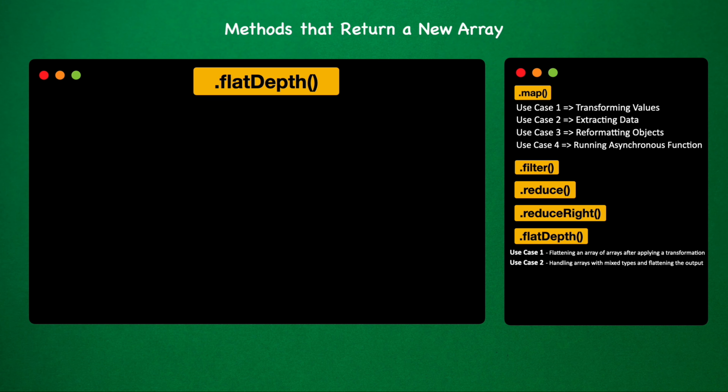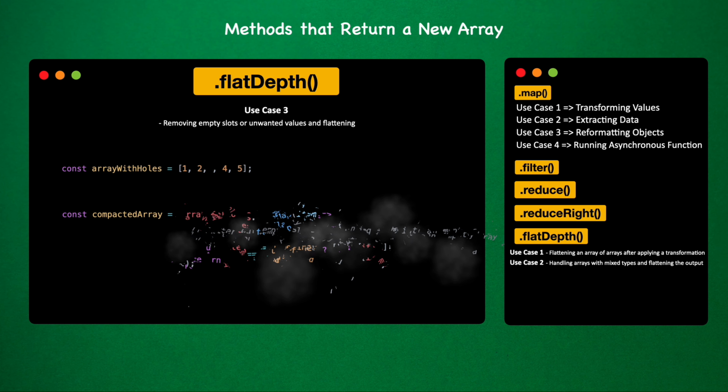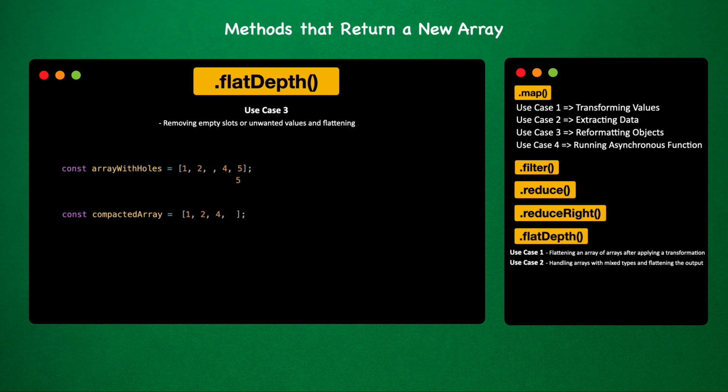In the third use case, we have an array that includes empty slots, which we want to remove. By mapping each element and converting the undefined values into empty arrays, flatMap effectively removes the holes. The final output is 1, 2, 4, 5, a compact array without any gaps. Keep in mind that flatMap only flattens one level deep.